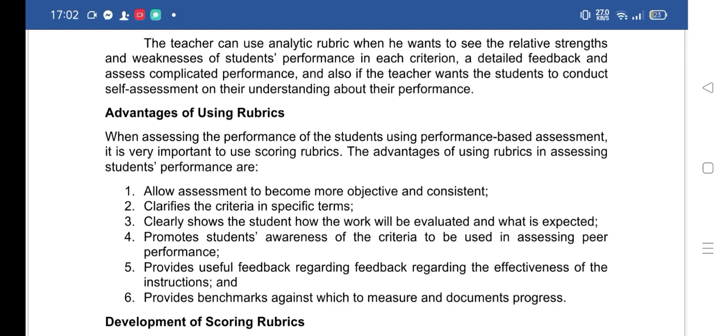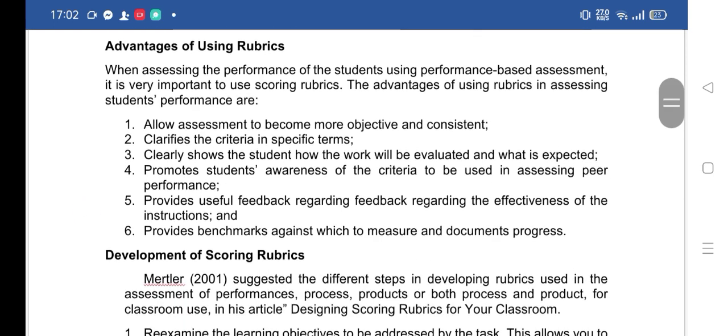So let's move to the advantages of using rubrics. When assessing the performance of the students using performance-based assessment, it is very important to use scoring rubrics. The advantages of using rubrics in assessing students' performance are: first, it allows assessment to become more effective and consistent. The second is it clarifies the criteria in specific terms.